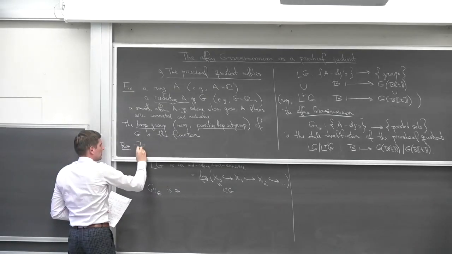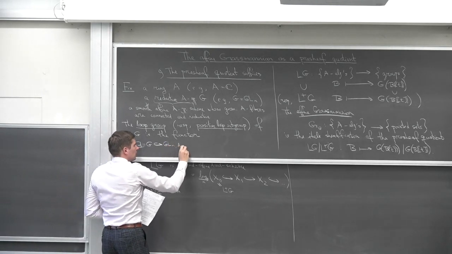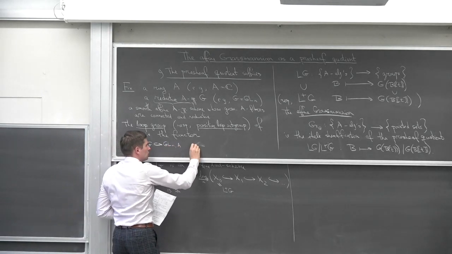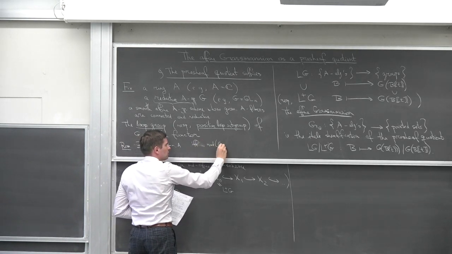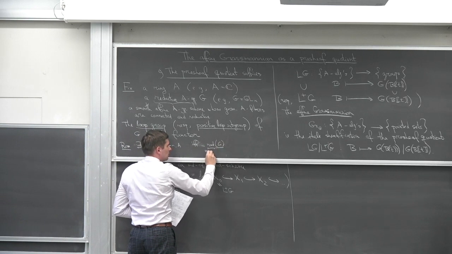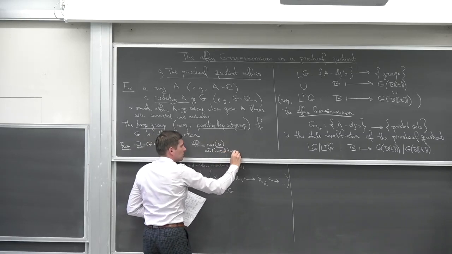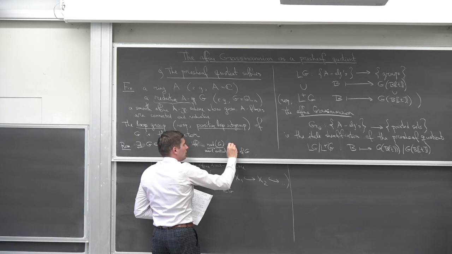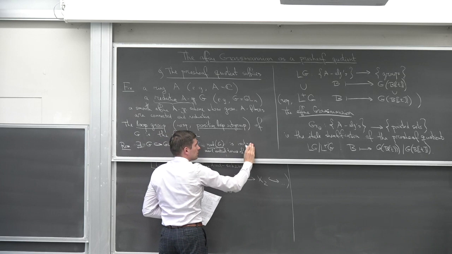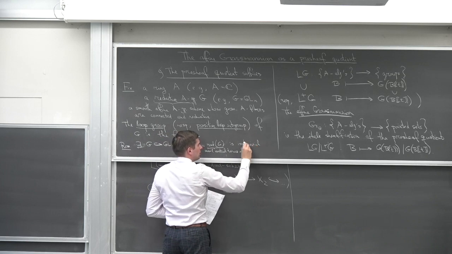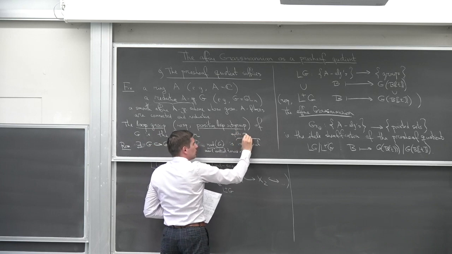There exists an embedding of G into GLn over A if and only if the maximal central torus of G is isotrivial. Isotrivial means it splits over a finite étale cover.